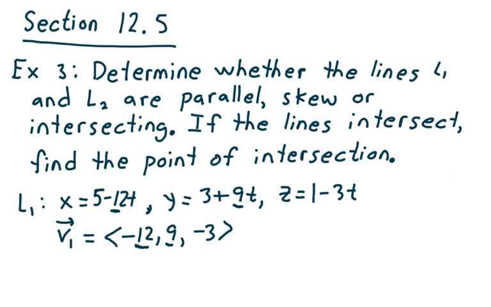And to get the z component of negative 3, we go to the parametric equation z equals 1 minus 3t and read off the coefficient of t, which in this case is negative 3. And so that's v1.